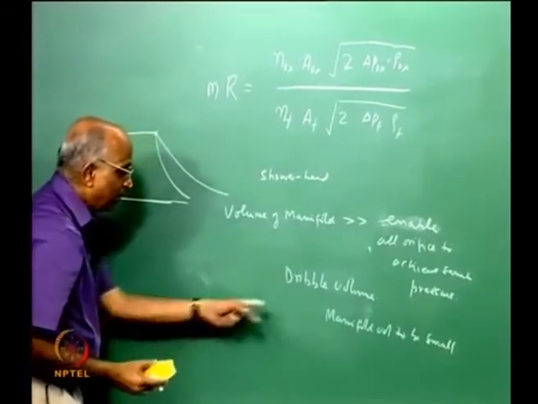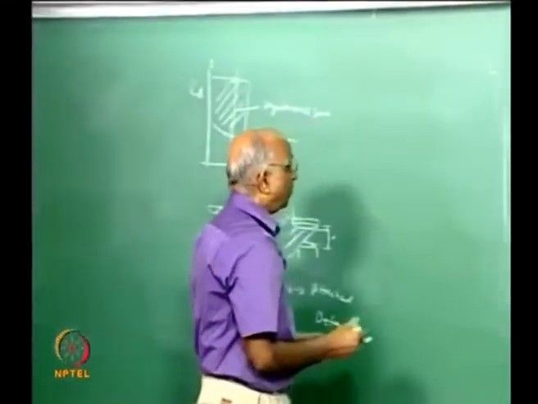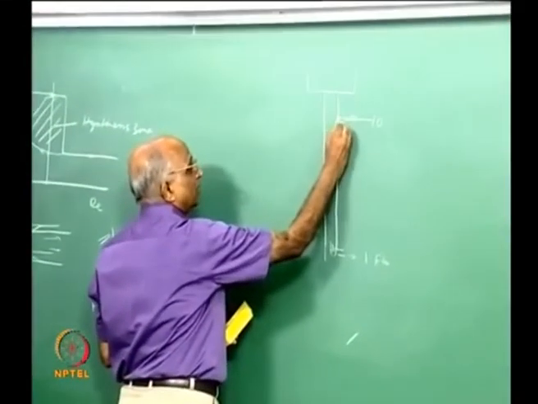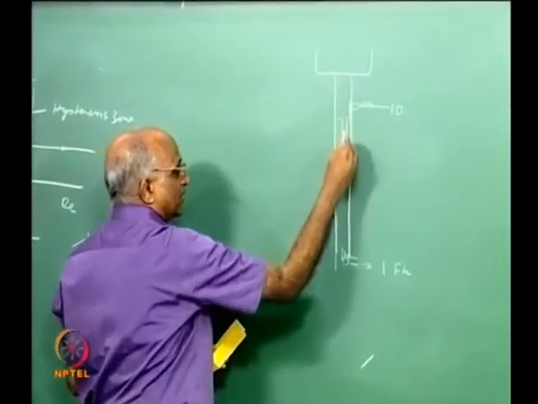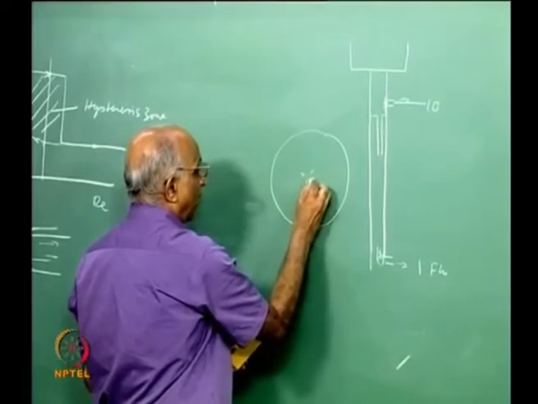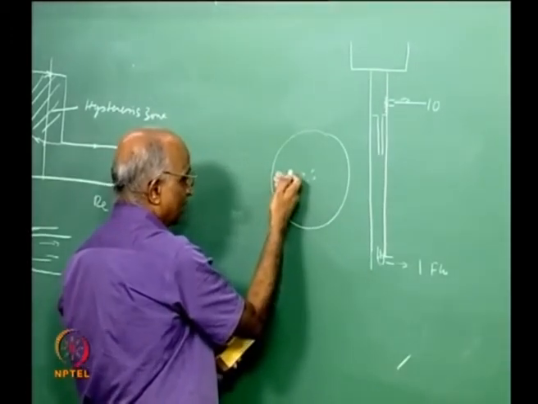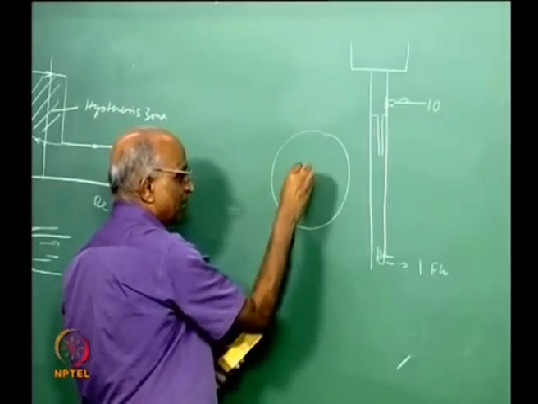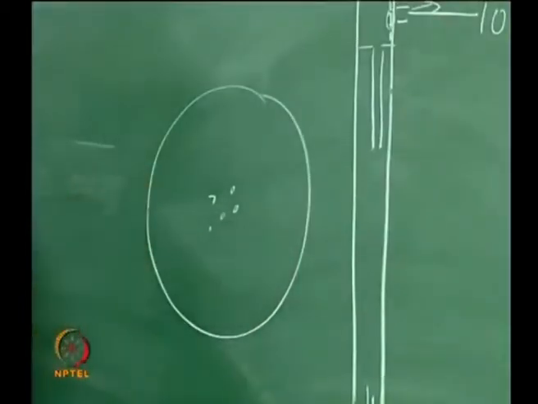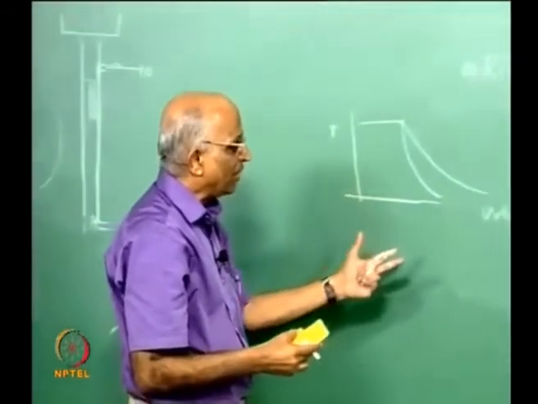But if I have to keep my manifold volume small, then what do I have to do? I have to put something like a sieve over here, such that the holes are covered with a sieve, so that there is more pressure drop, and less pressure drop on the outside, such that all the holes can have equal flow. And these are some common sense things which we use in the design of a shower head injector.